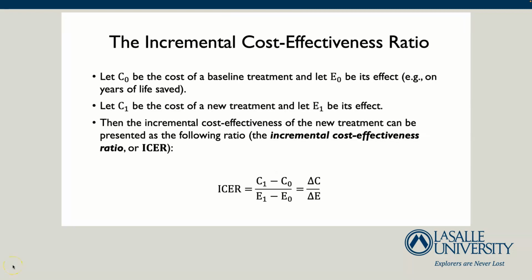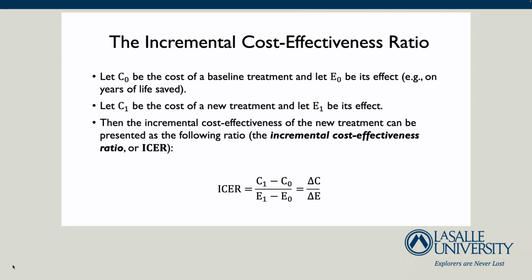So let's jump right in with the incremental cost-effectiveness ratio, which is commonly used in the literature. Let C sub 0 be the cost of the baseline treatment, and let E sub 0 be its effect, say on years of life saved or quality adjusted life years saved. Let C1 be the cost of a new treatment, and let E1 be its effect.